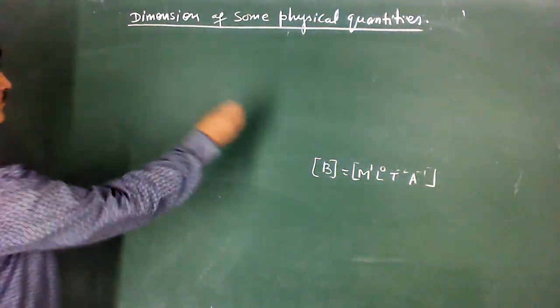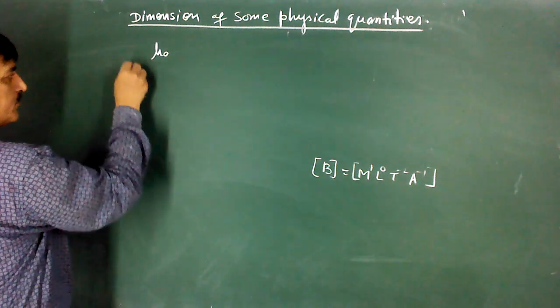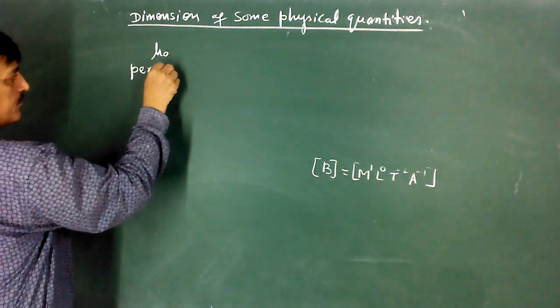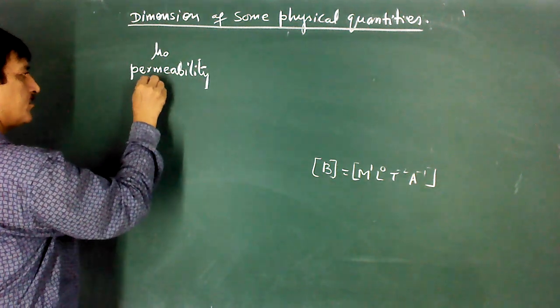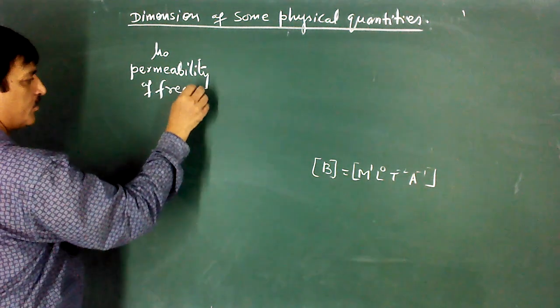Now the dimension of mu naught, that is permeability of free space.